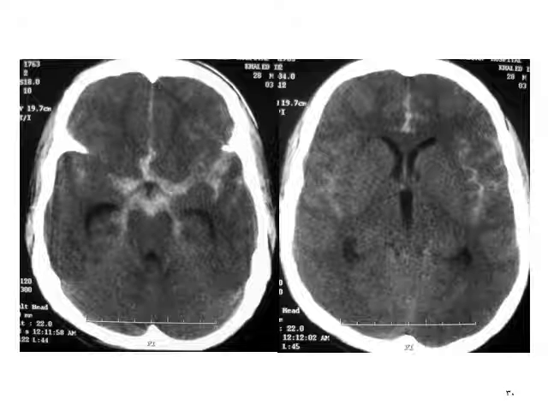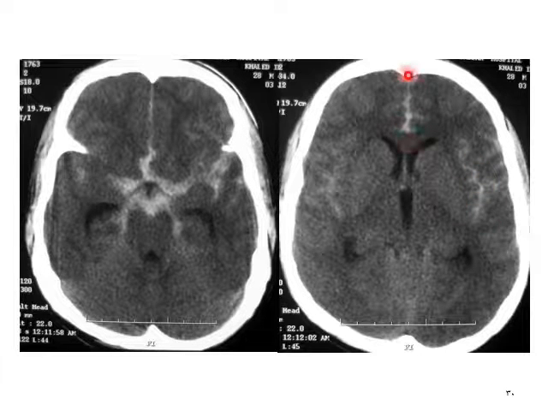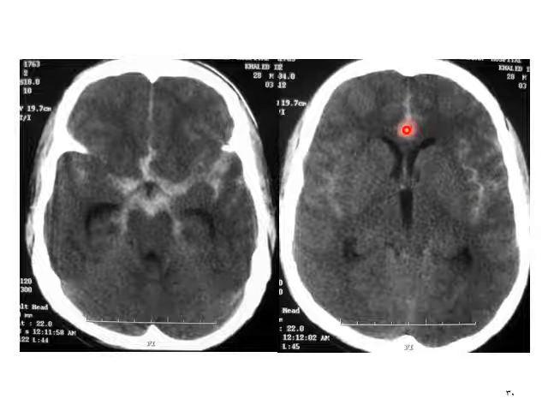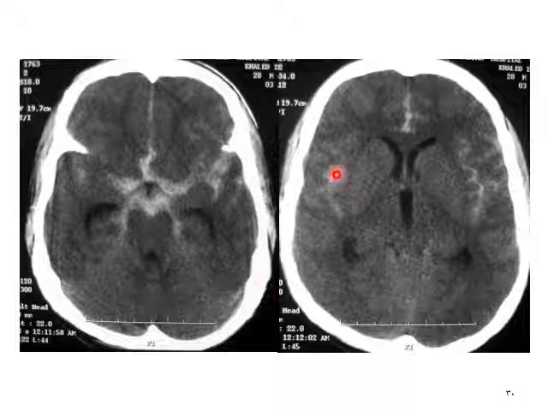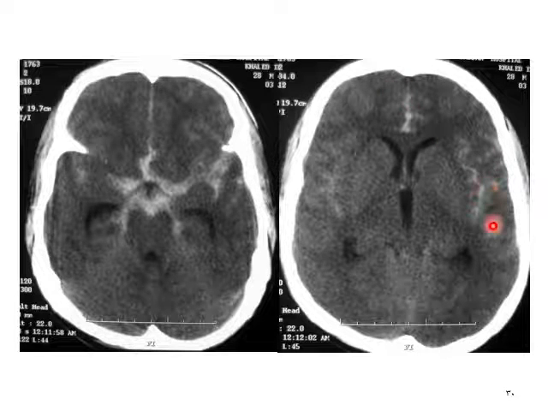Can you define any abnormality in this CT scan? Look at the CSF spaces, the Sylvian fissure, the interhemispheric fissure. Is it normal? No, normally these are CSF spaces, so they are black or hypodense, right?